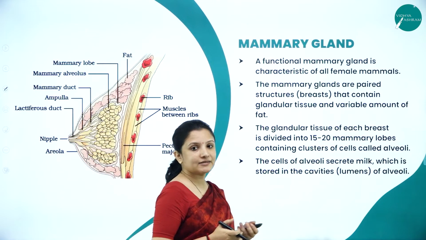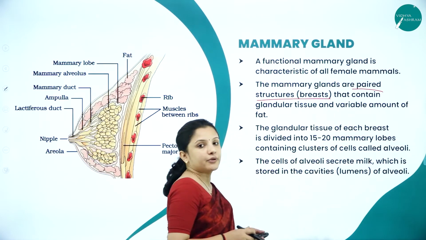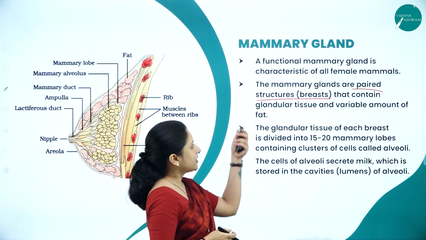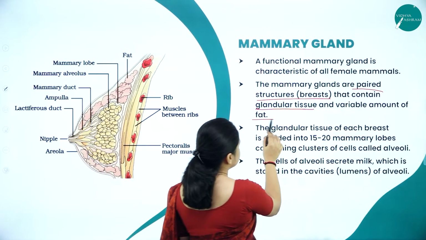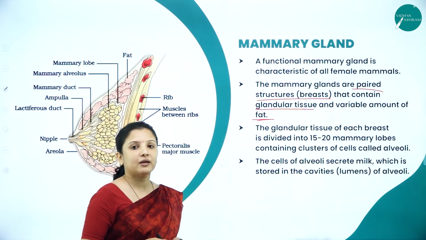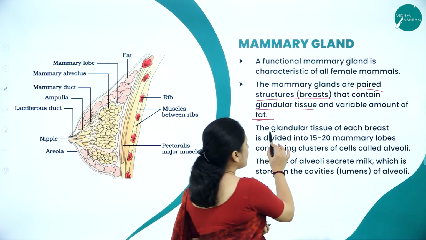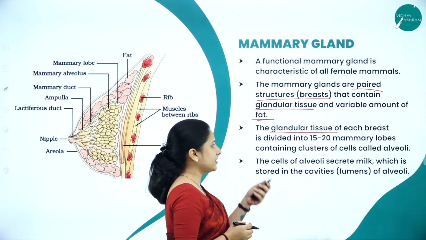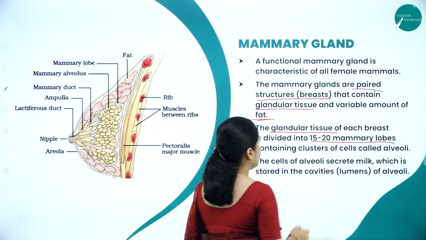And the mammary glands are paired structures, also called the breasts, because they are two in number. They contain glandular tissue and variable amounts of fat distributed in them. The glandular tissue of each mammary gland is divided into 15 to 20 mammary lobes.